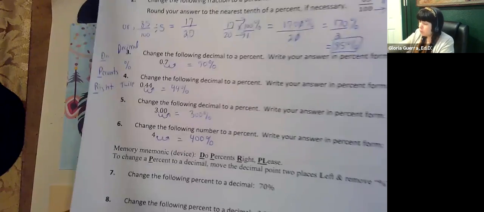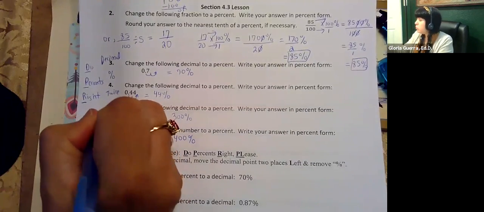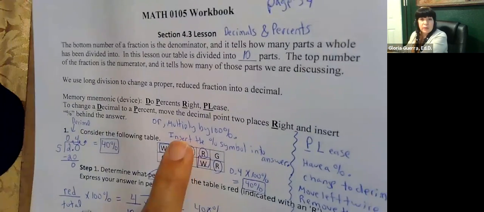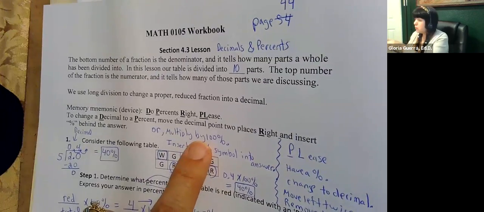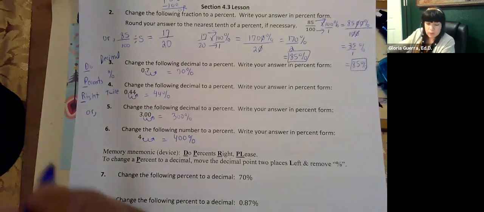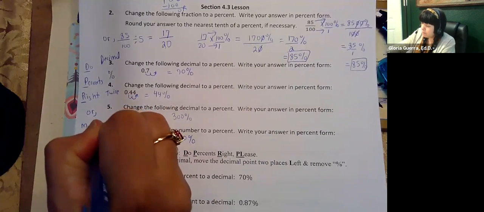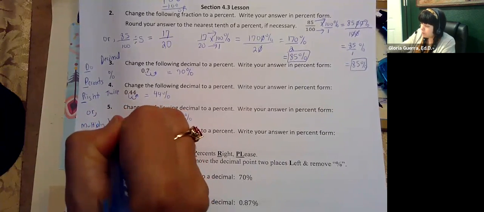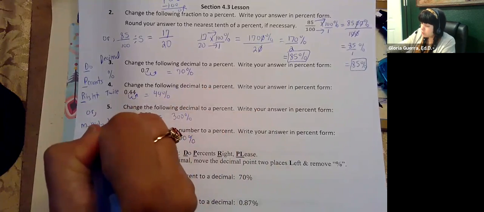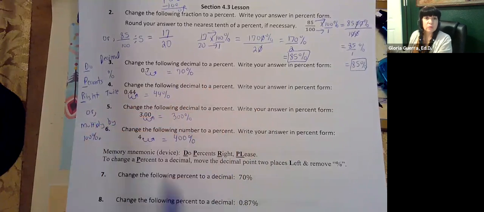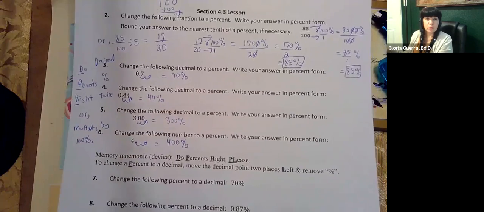Or what you can also do is show that you're multiplying by 100%. Or you can multiply by 100%, and that would also work too. That would be another way of showing your work.